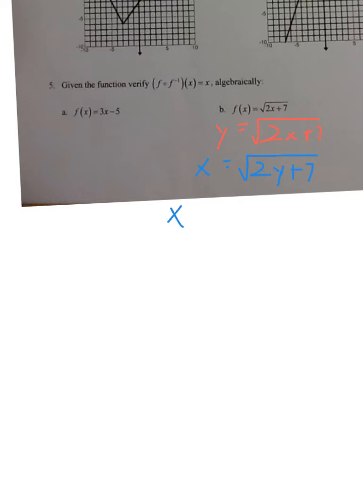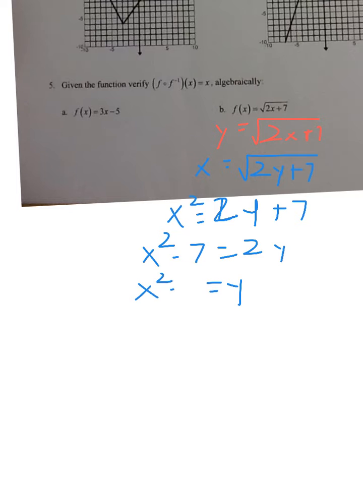So I get x squared is equal to 2y plus 7. Minus 7, x squared minus 7 equals 2y. And then divide by 2. y is equal to (x squared minus 7) divided by 2. And this is the inverse of f of x, equal to (x squared minus 7) over 2.